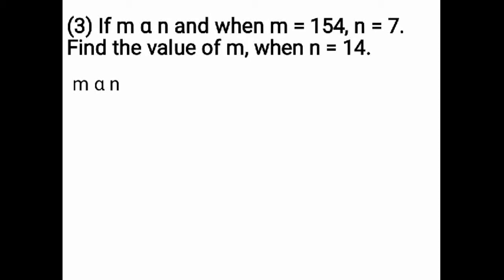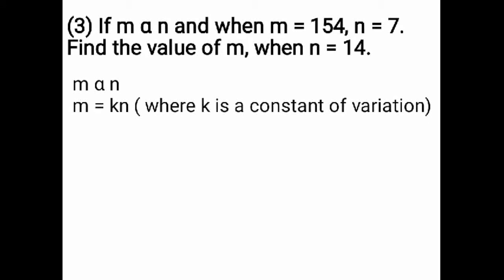The formula of the constant of variation in direct variation is m is equal to kn, where k is a constant of variation. M value and n value what is given in question, you have to write in next statement. When m is equal to 154, n is equal to 7, you have to find the value of k, which is a constant variation, by using this formula.